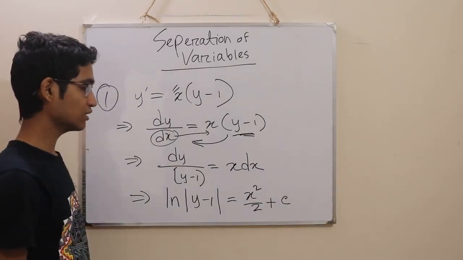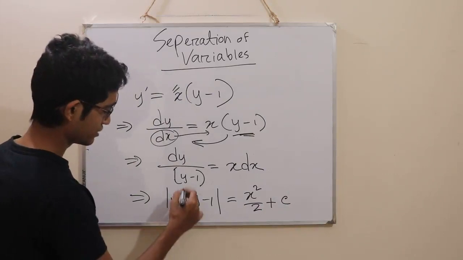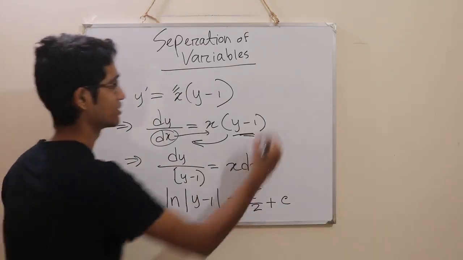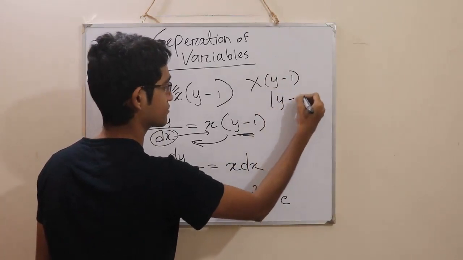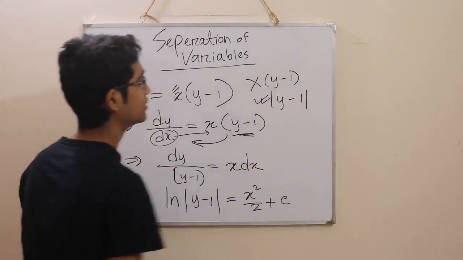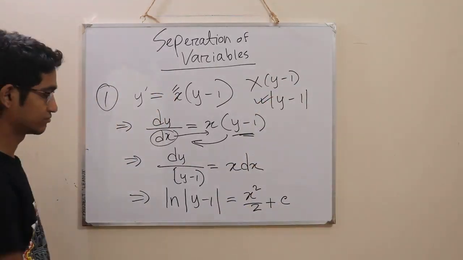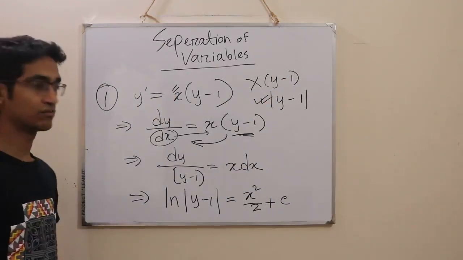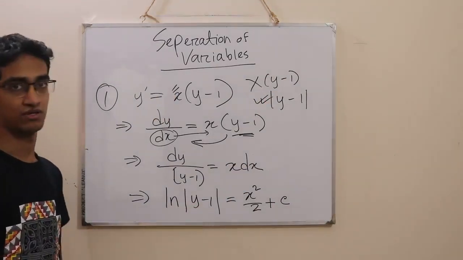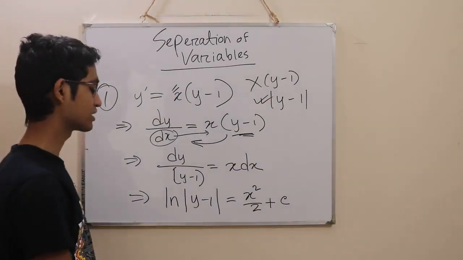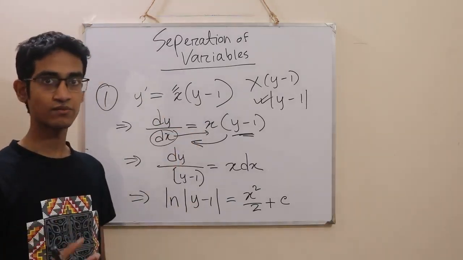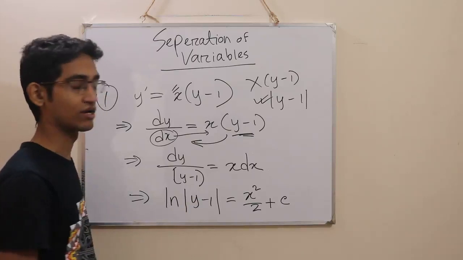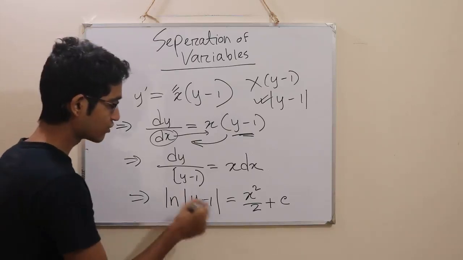Now, why are we taking the absolute value of y minus 1 and not just y minus 1? This is because, as you know, this is the natural logarithm of the value y minus 1. But we are not sure whether y is greater than 1 or less than 1. If in some case y is equal to 1 or less than 1, this will not work.